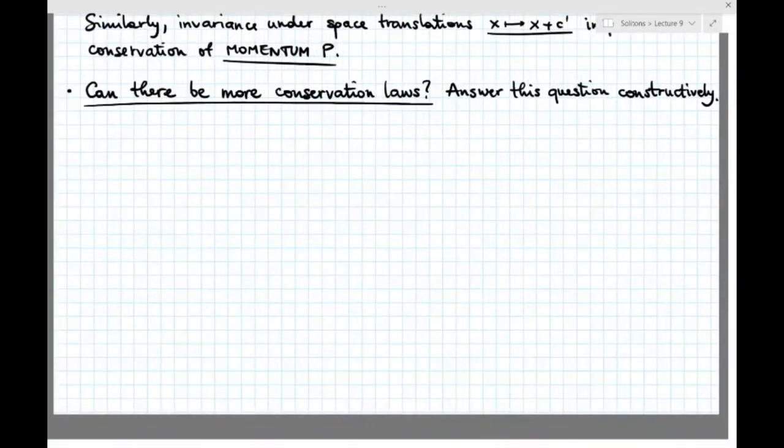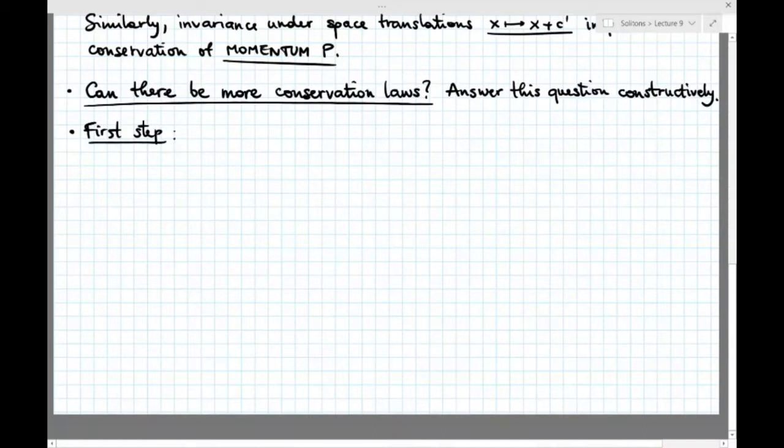Before we answer this question constructively, we'll need to introduce some notation that will be very useful for bookkeeping. So that will be our first step in this analysis of conservation laws for a relativistic wave equation.